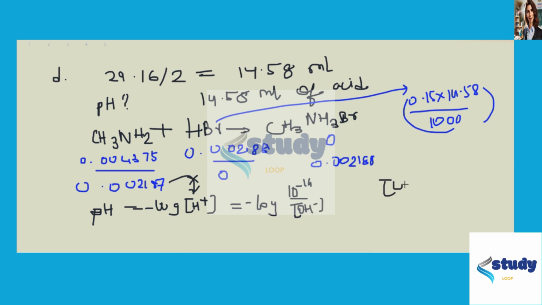How do we calculate OH minus here? We take our amount of salt formed divided by the volume added, and in this case we added 14.58 milliliters of acid to 25 milliliters of base.